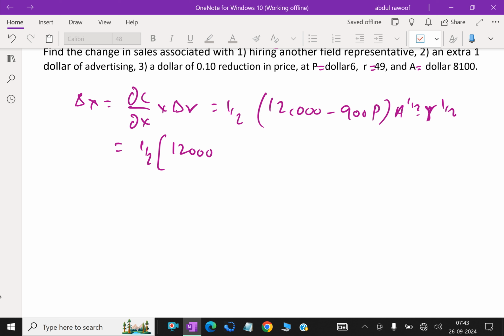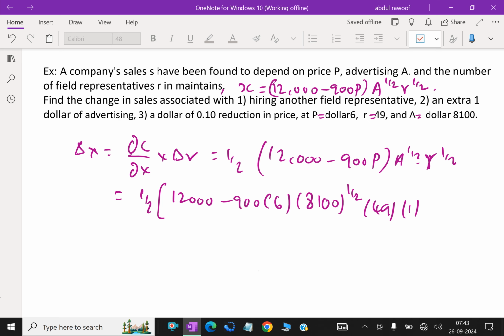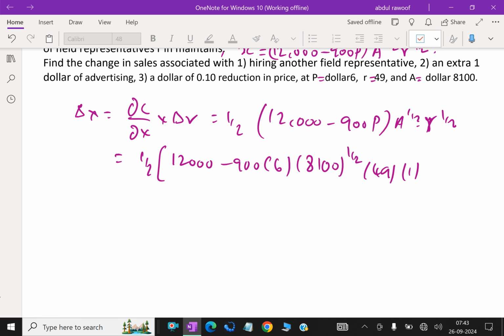Half into 12,000 minus 900 into 6, into 8,100 to the power half, that is 90, over 49 to the power half.